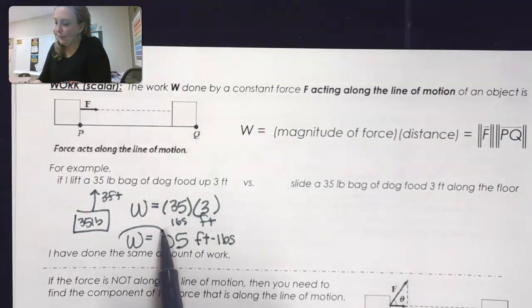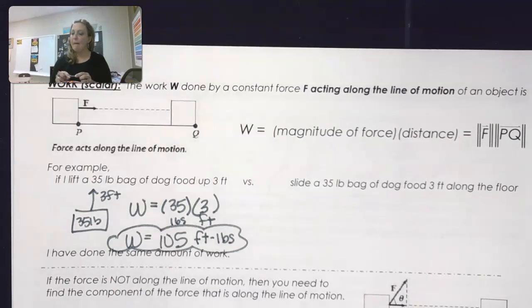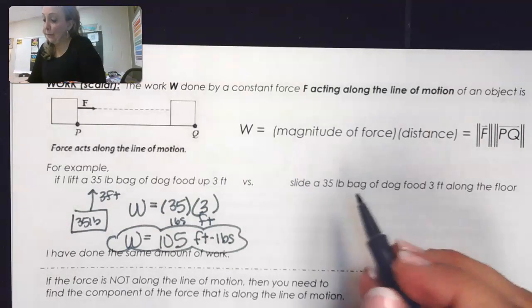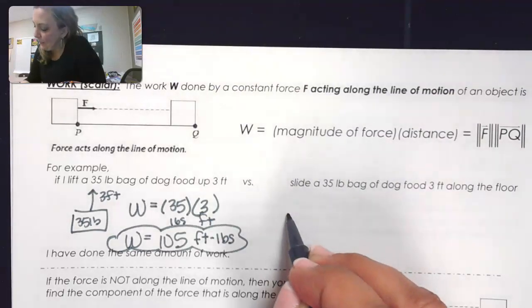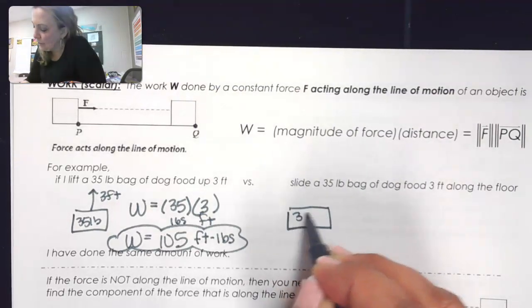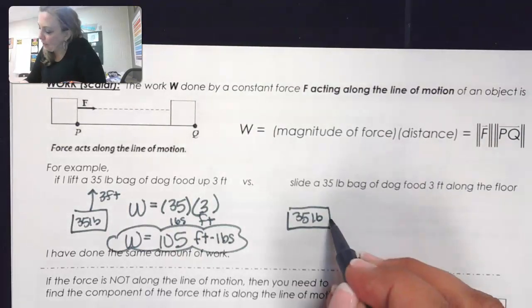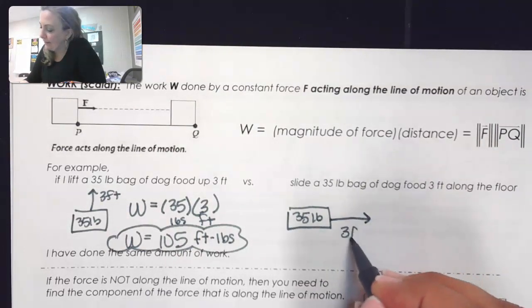I know that sounds a little weird. Well now let's say instead of lifting a bag of dog food up 3 feet, let's say that we take that 35-pound bag of dog food and we move it 3 feet across the floor instead.